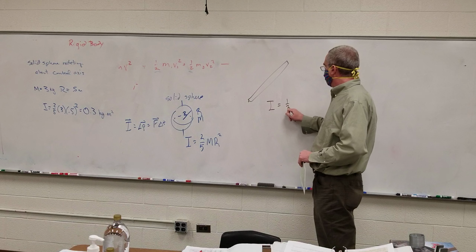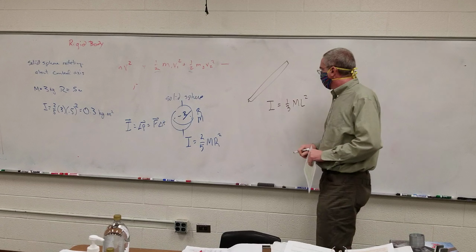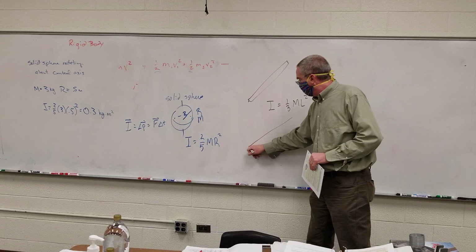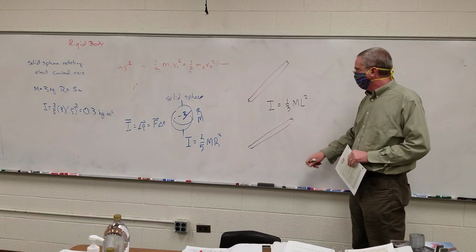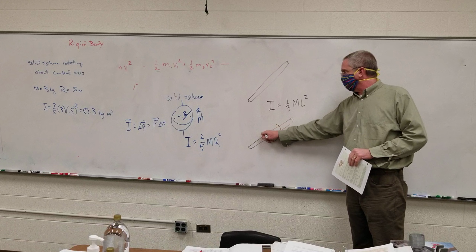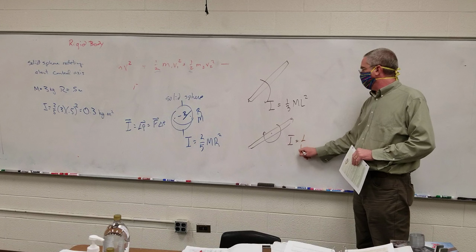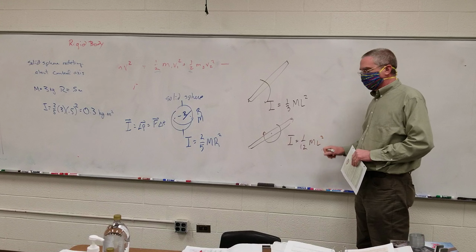Yeah, 1/3 ml squared, where L is the length. But if I take that same rod and I rotate it about the center, so spin it around like this as opposed to like that, my moment of inertia formula is 1/12 ml squared.